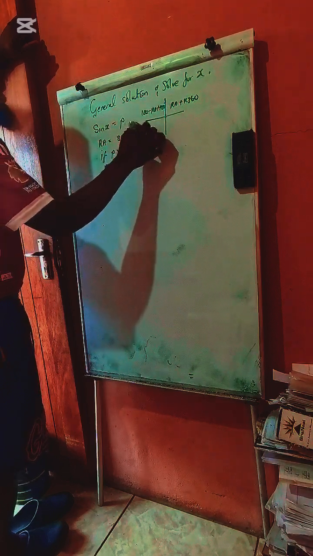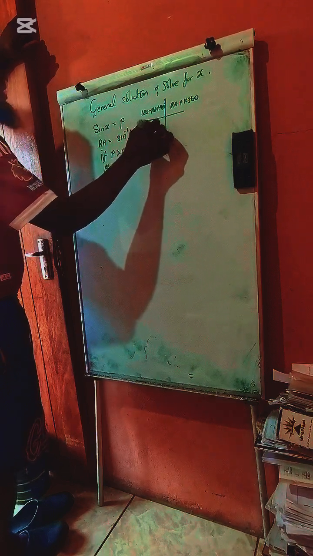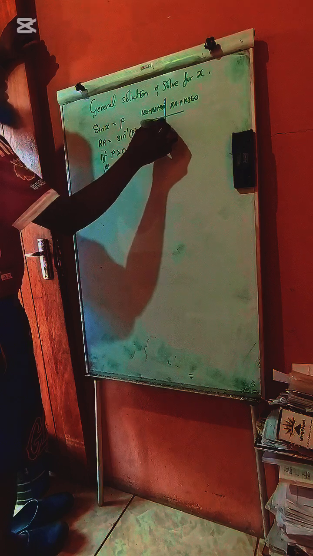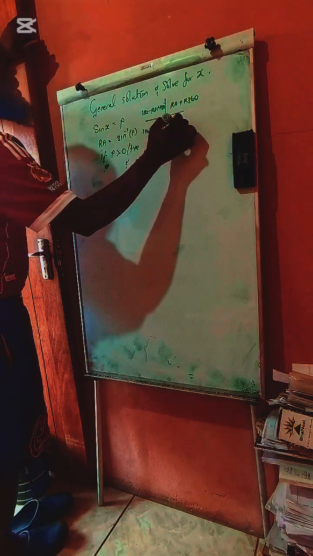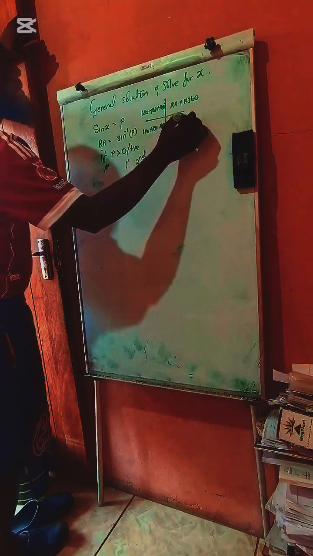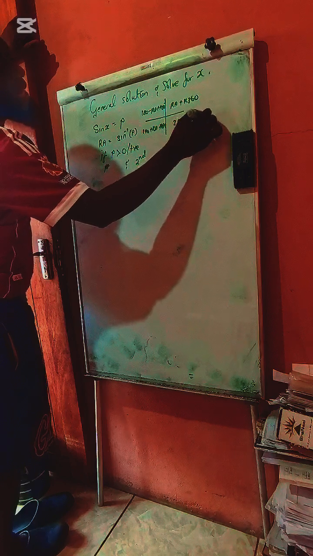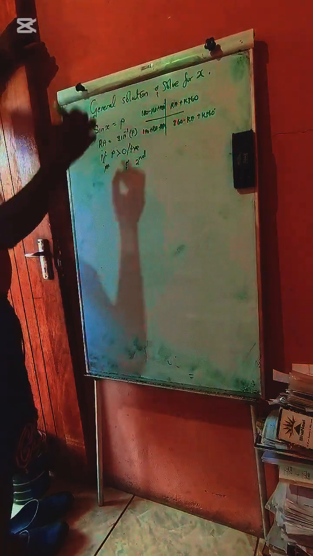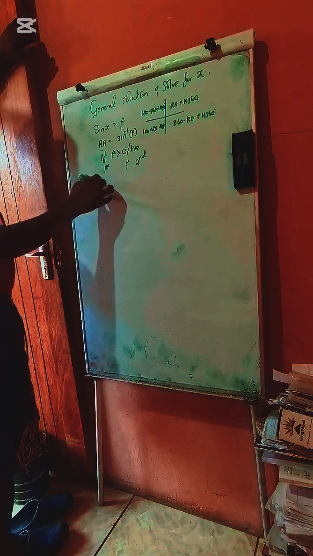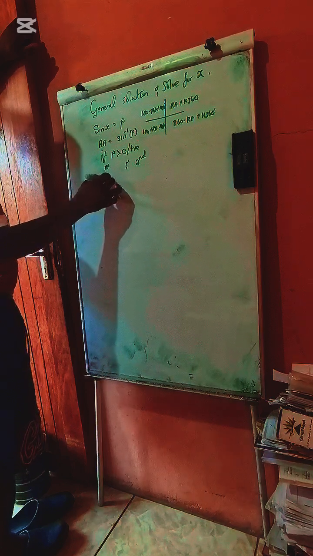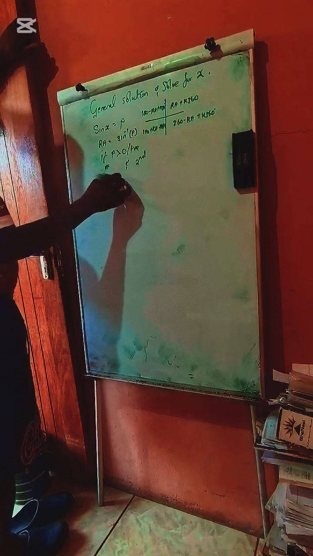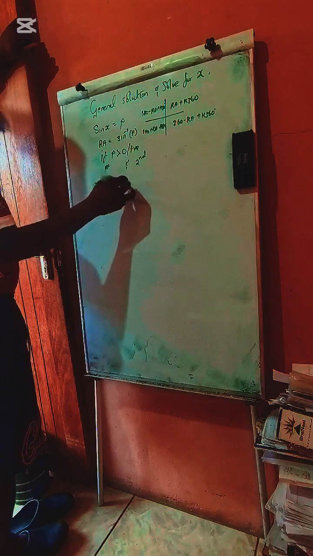Here it's always 180 plus reference angle plus k 360, and here it's 360 minus reference angle plus k 360 degrees. So for the first quadrant, you write x equals reference angle plus k 360, where k is an element of all values.